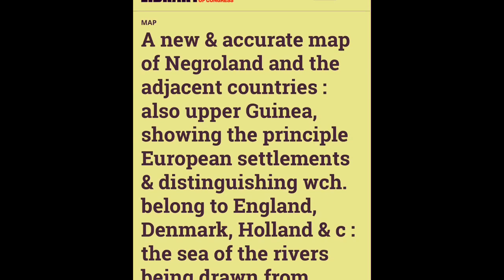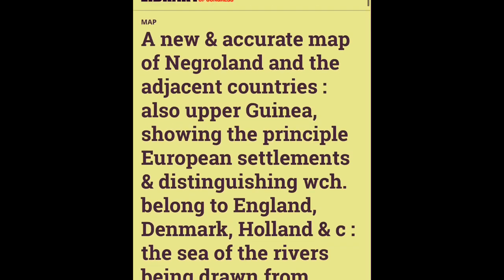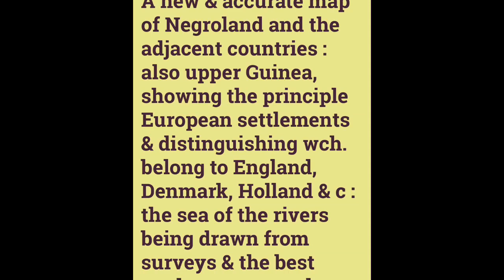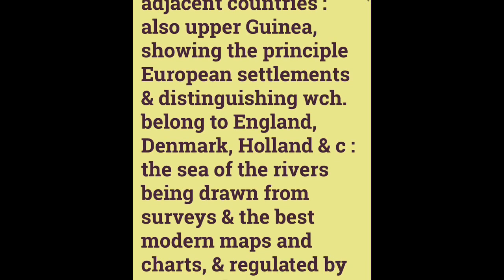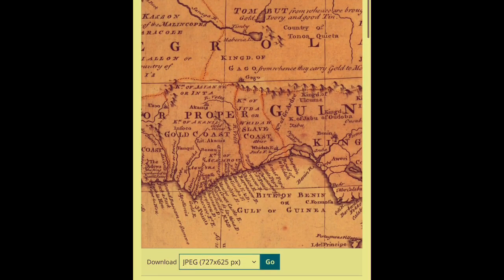The map that we're going to be discussing, you can find the primary source for that at the Library of Congress. You can see the full title here: A New and Accurate Map of Negroland and its Adjacent Countries. This map here is the map that we will be discussing. As you can see, the area that we want to talk about is the King of Judah or Whydah, Slave Coast.